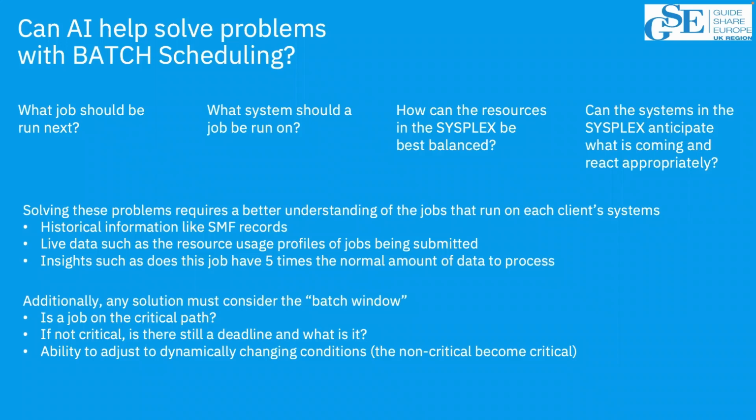How to balance in the best way the sysplex resources. And also, if the sysplex can anticipate what is going to be scheduled, submitted next, and react appropriately. So all kinds of concepts that are new, let's say, for the Z platform.